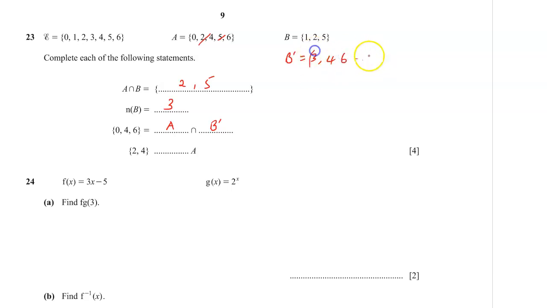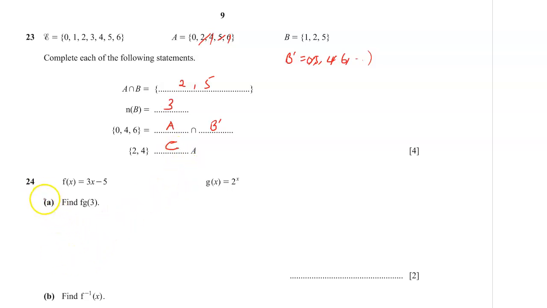So when you intersect A and B prime, there's also 0 here, and 0, 3. So this and that are 4, 4, and 6, 6. So that is it. 2, 4.